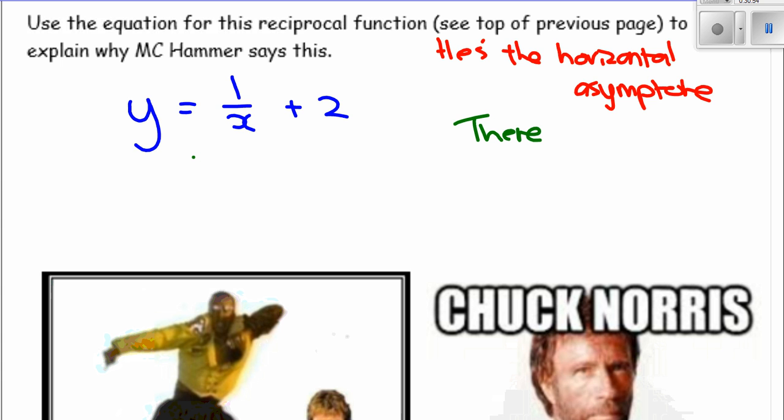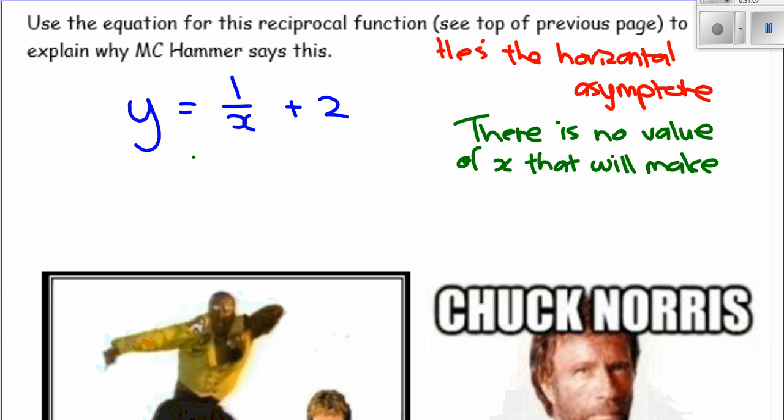There is no value of x that will make 1 over x equals 0. So it's not possible for y to equal 2.